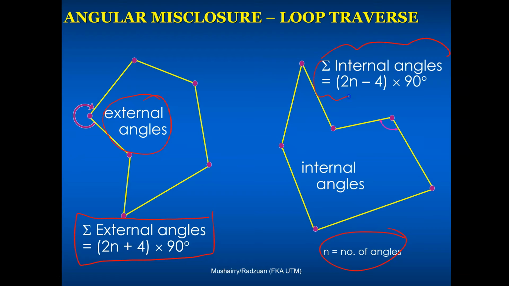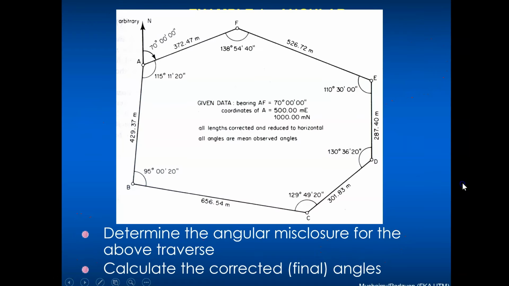That's the simple formula that you can apply. So you compare the value that you obtain here, for an external angle, against the total value of the angles that you have observed. Then I've got an example on the next page.